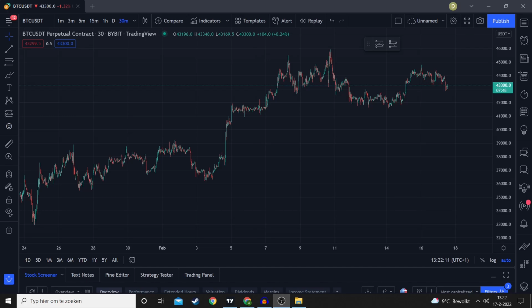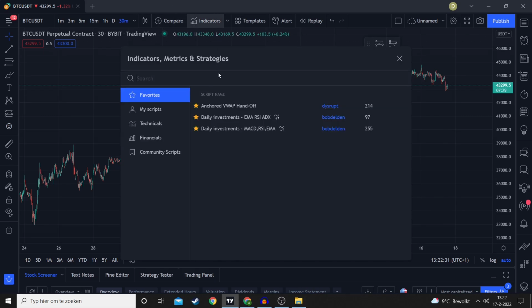The indicator that I'm using is the Supertrend indicator. It's a very easy indicator, and what I will use with it is just a small customizable piece on my part. First off, let's put in the indicator that I will be using. It's called Supertrend.